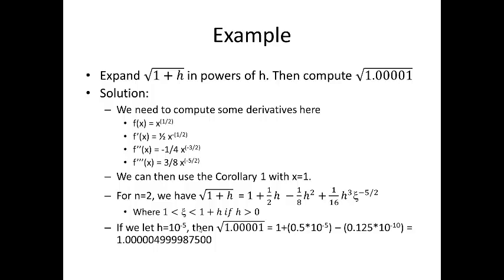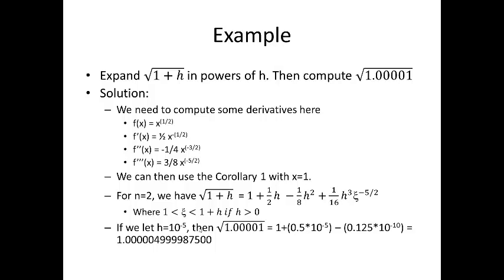Again, bring the minus half down. For the second derivative, 1/2 times minus 1/2 is minus 1/4, x to the minus 3/2. And the third derivative, we multiply minus 1/4 times minus 3/2, which gives us 3/8, and we subtract 1 from the exponent to get minus 5/2.